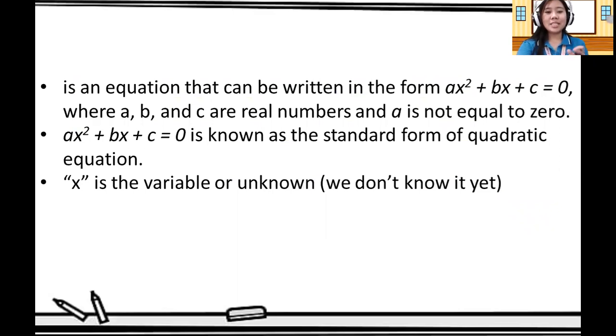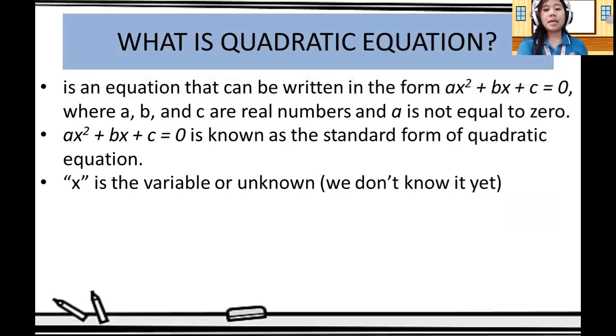So, quadratic equation is an equation that can be written in the form ax squared plus bx plus c is equal to 0, where a, b, and c are real numbers and a is not equal to 0. So, ax squared plus bx plus c is known as the standard form of quadratic equation, and x is the variable or unknown.